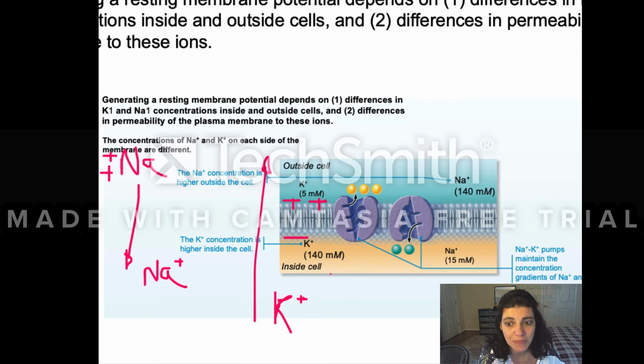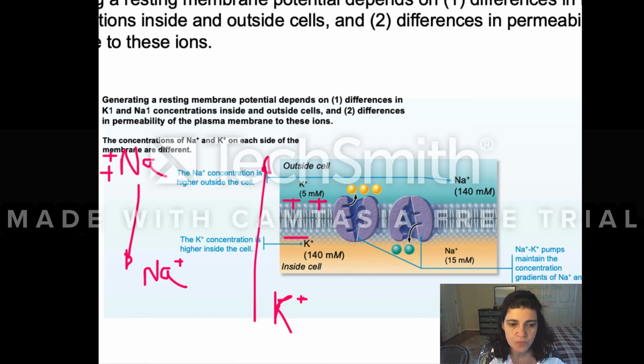So it does the opposite of the leaky channels. Why do you need that? Just so not all the sodium gets in the cell and all the potassium out. It's just a maintenance, right? Some sodium goes in, potassium goes out, and then the pump reverts it. Make sense? Okay. So this is the resting membrane potential.